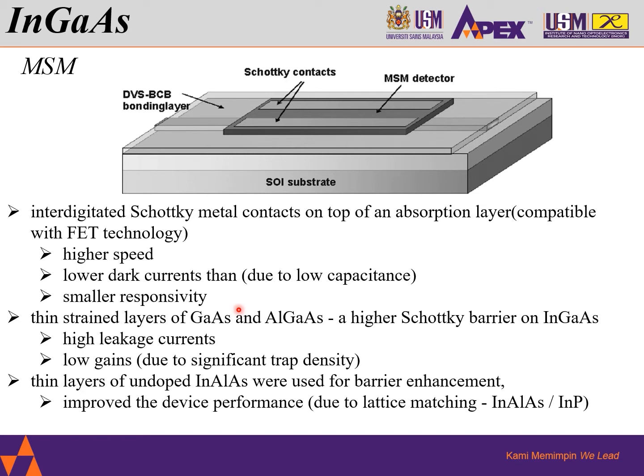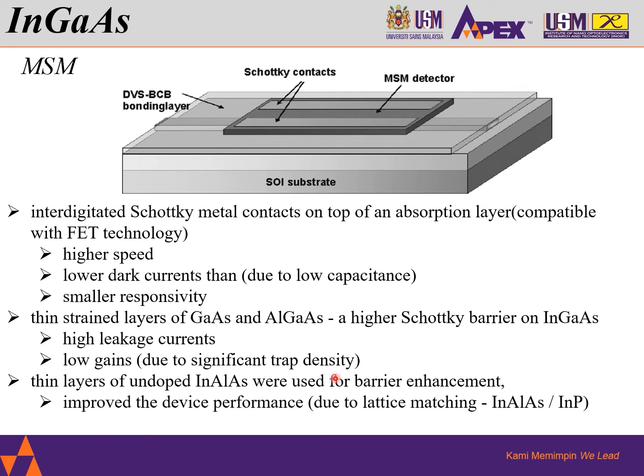Initially, a thin strained layer of gallium arsenide and aluminum gallium arsenide was used to create a higher Schottky barrier on indium gallium arsenide. This results in high leakage currents and low gains, due to the significant amount of trap density that exists.